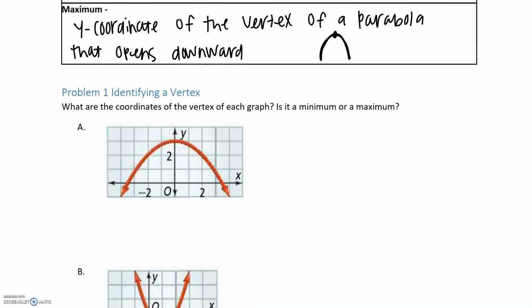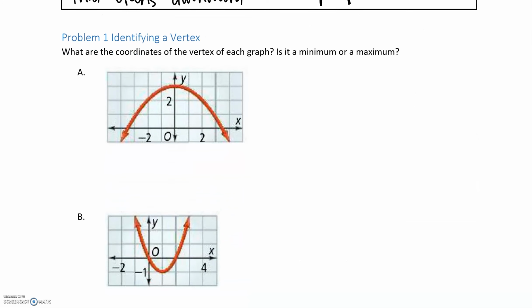On our first problem right here, it wants us to tell what the coordinates of the vertex are of each graph and whether it's a minimum or maximum. We know this parabola opens downward, so we want to find the highest point of each parabola. It's in the middle, so that if I were to cut it in half and flip it over like a page in a book, it should match up.